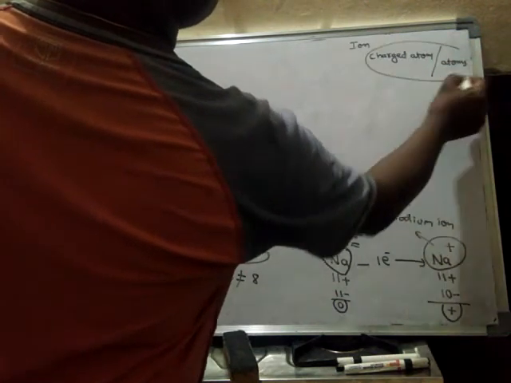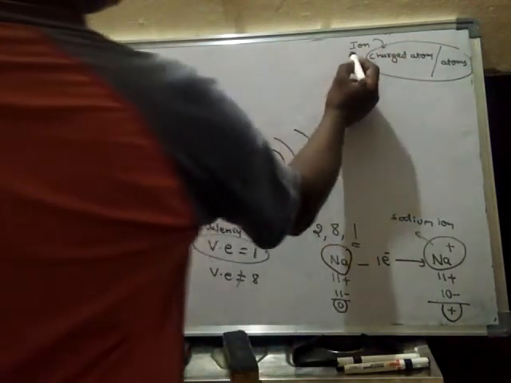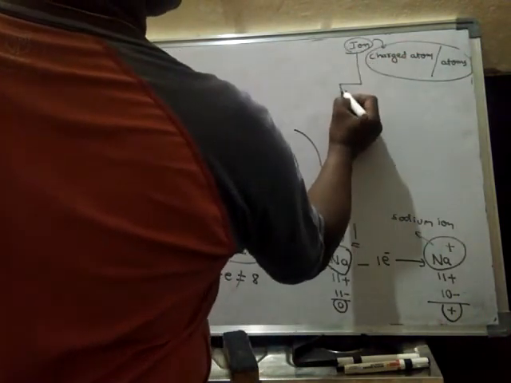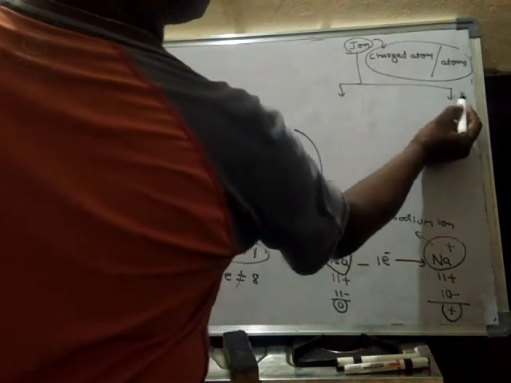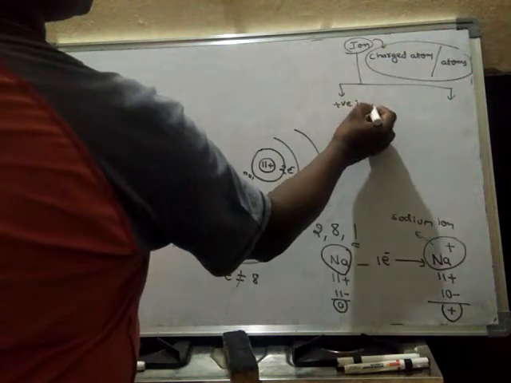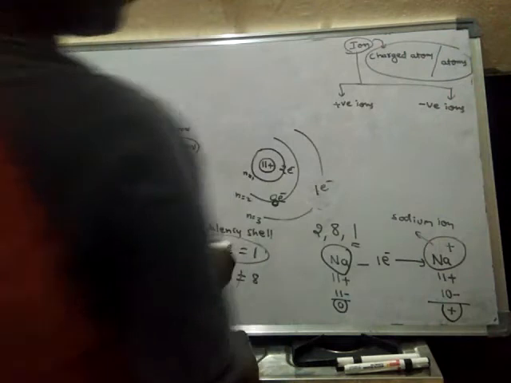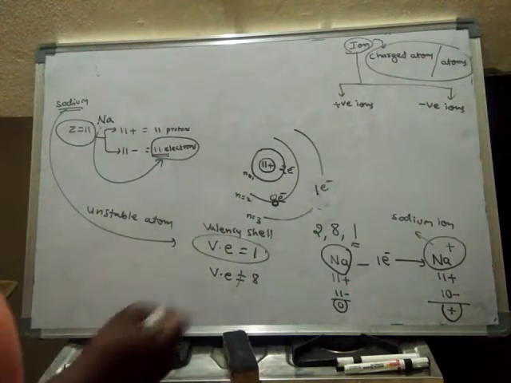See, ions are of two types. What are they? Positive ions and negative ions.